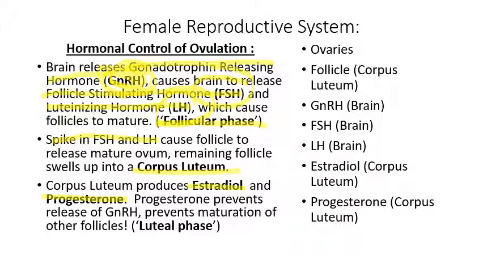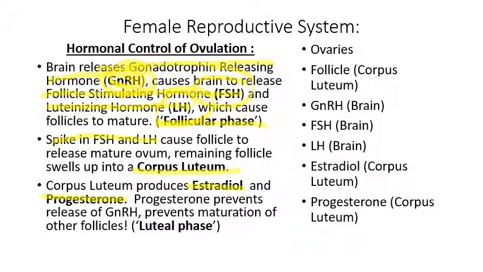So the follicular phase of the menstrual cycle is characterized by the development of the eggs, basically. And then as soon as one of the eggs is released, what's left of the follicle swells up into a corpus luteum, which releases estradiol and progesterone, which prevents the other eggs from maturing because it temporarily stops the brain from releasing gonadotrophin releasing hormone.